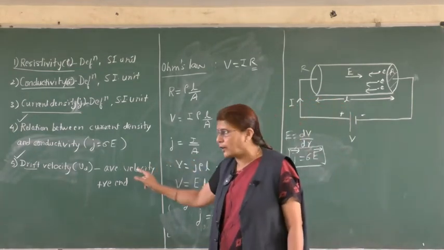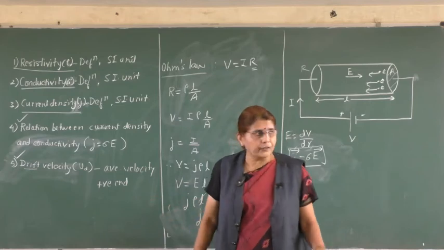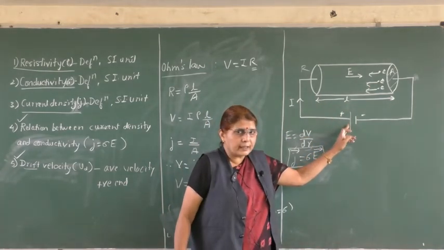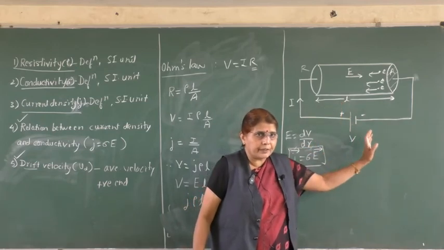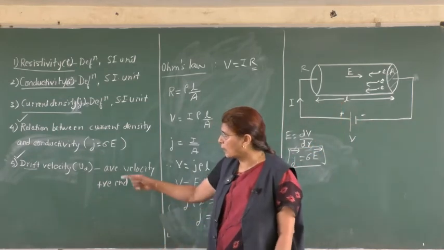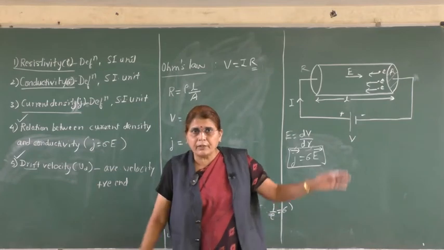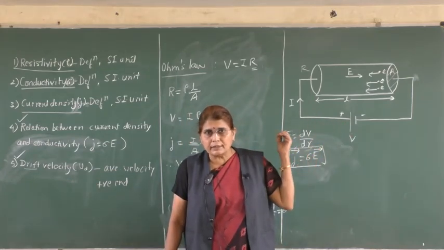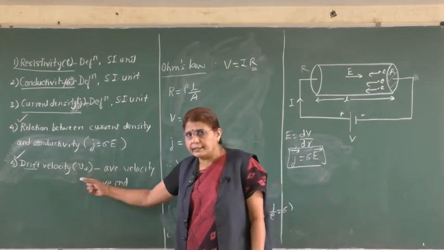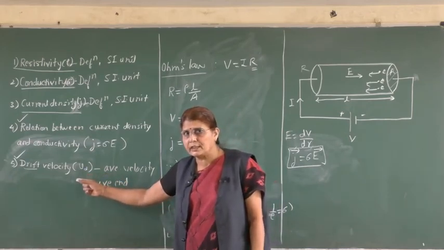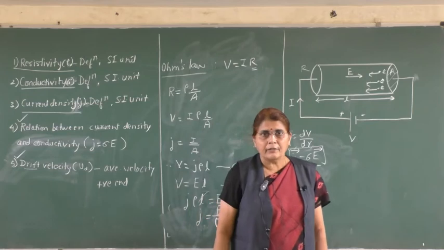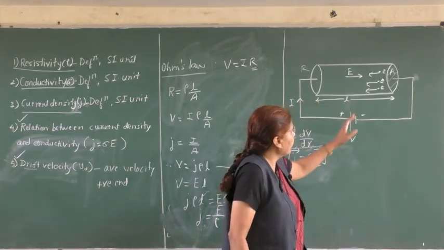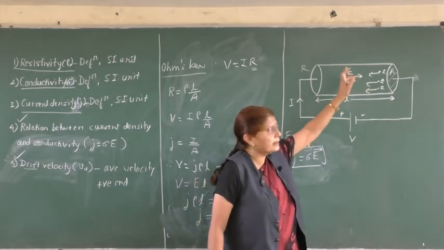The average velocity with which the free electrons are drifted towards the positive end of the conductor when you apply an electric field, that average velocity is called drift velocity. So whenever you connect a battery across any conductor, electrons are dragged towards it with a drift velocity Vd. They begin to move with an average velocity Vd, and that velocity we call the drift velocity.